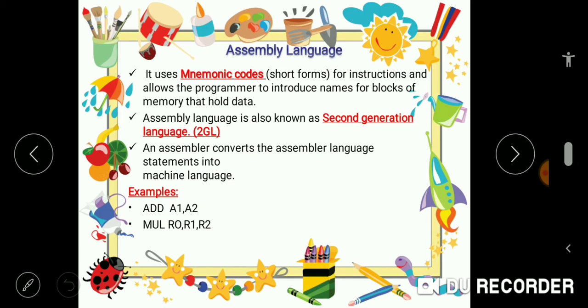But it can be written as ADD in assembly language. That is, ADD is the mnemonic to add two numbers and MUL is the mnemonic to multiply two numbers. Hence, it is easier to work with assembly language. But again, assembly language depends upon the hardware of the computer. So, assembly language is also a low-level language.